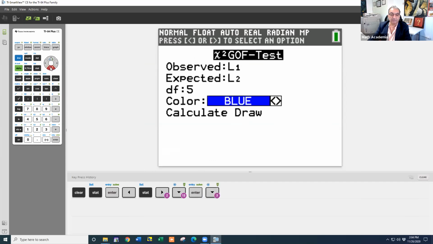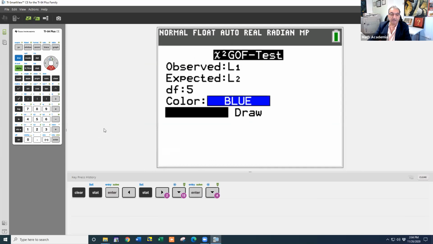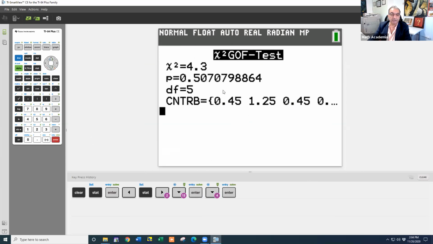Of course, degrees of freedom is 5, and you just say enter. And the calculator will give you the test statistic, and of course, the p-value. Here, the p-value is much larger than alpha, and that's another way to make the conclusion, which is going to be fail to reject H0.